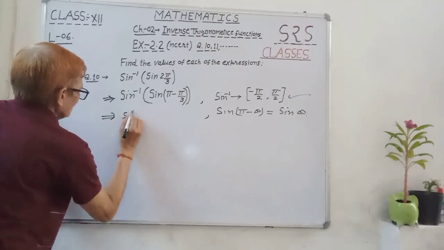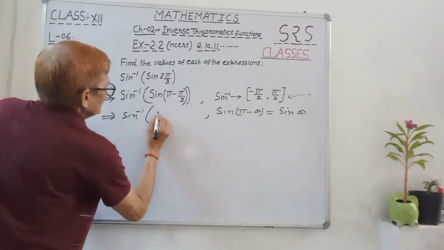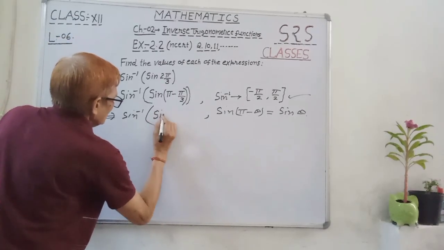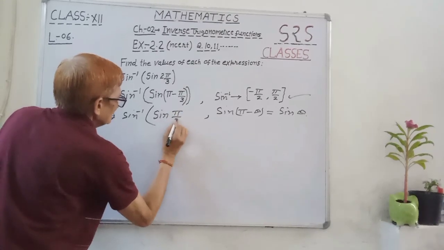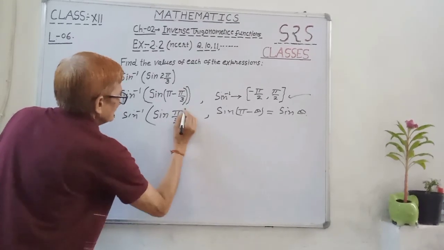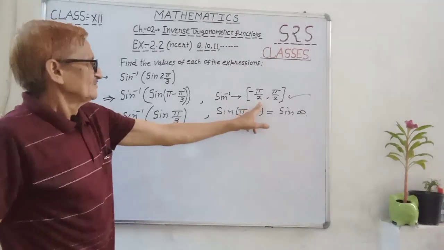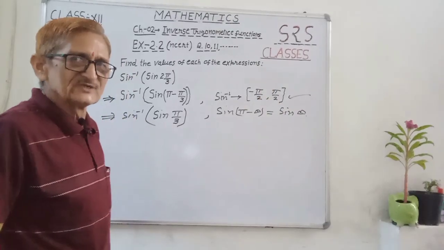Then it is sin inverse of sin pi by 3. Now pi by 3 is in the branch, between minus pi by 2 and pi by 2.